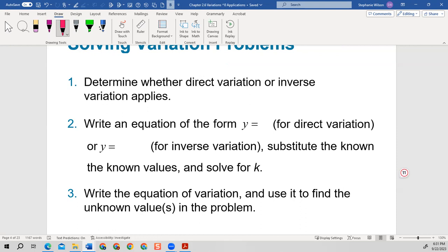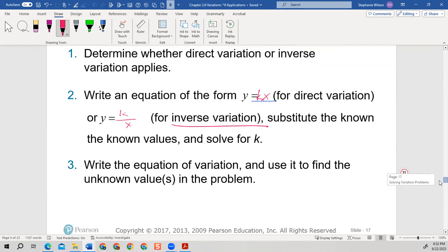If we're doing an inverse, we got k over x. So when I flipped it, I went from multiplication to division. You got to be careful. What are we solving for? If it's direct, it's k times x. If it's inverse, then we're going to have k divided by x, okay? And it's a very easy mistake to make, so don't feel too bad. Just catch it as you're going.